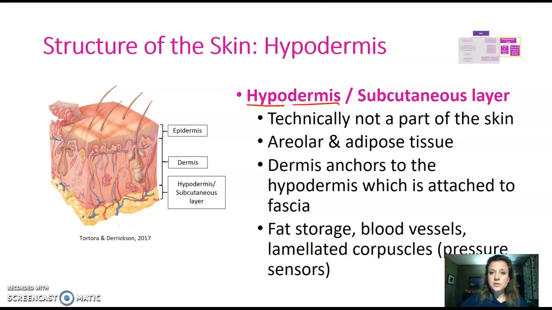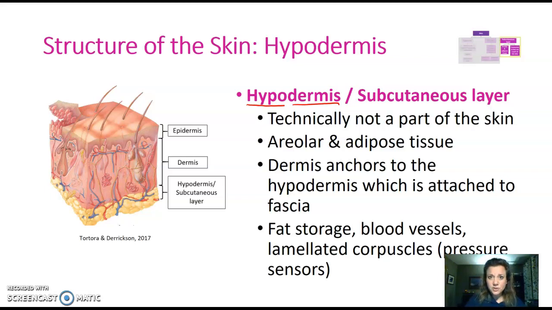So areolar tissue is similar to dense irregular tissue. It's just that there are more spaces, like there's more matrix in areolar tissue than there is in dense irregular tissue. So there's not going to be as many protein fibers in areolar tissue as there are in the dense irregular tissue.